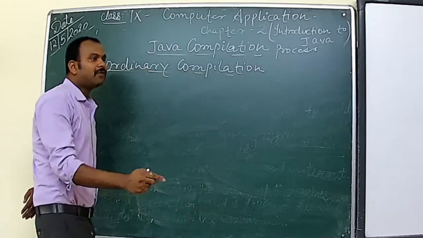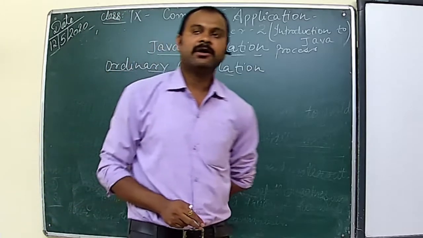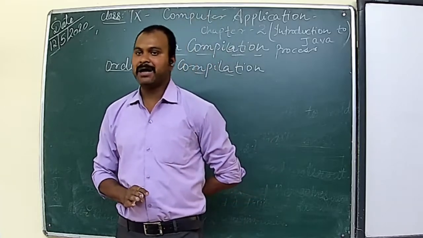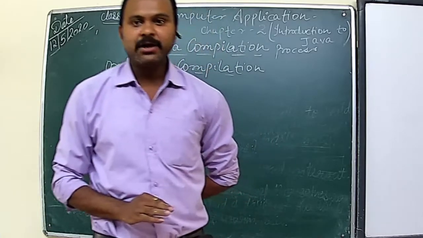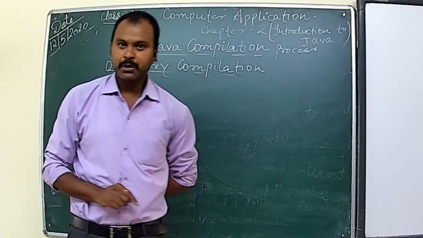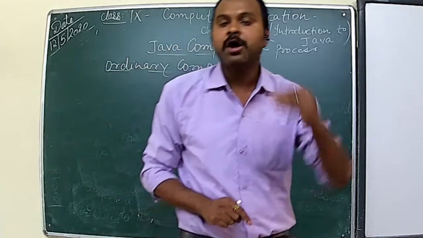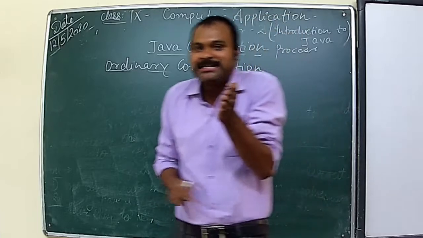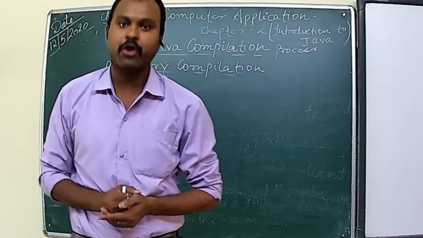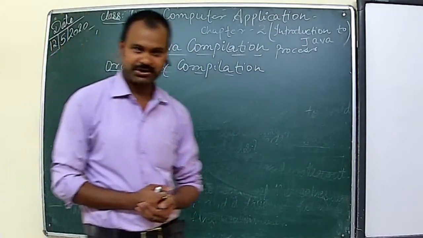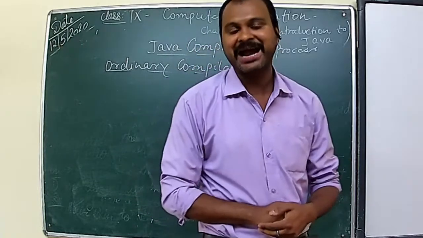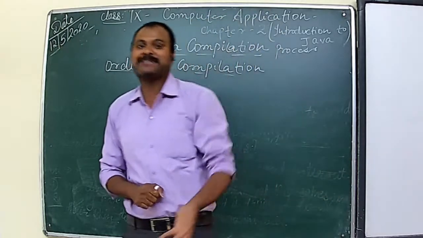See, all programming languages have either a compiler or an interpreter. This compiler or interpreter is responsible for converting the source code into object code, or machine language, so that a machine can easily understand the source code and execute it.